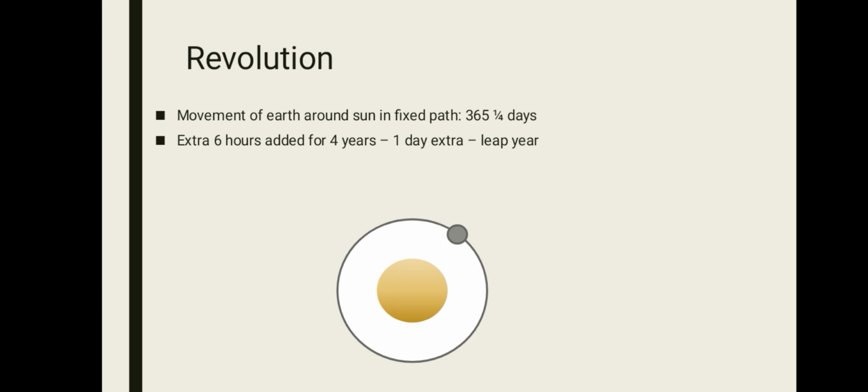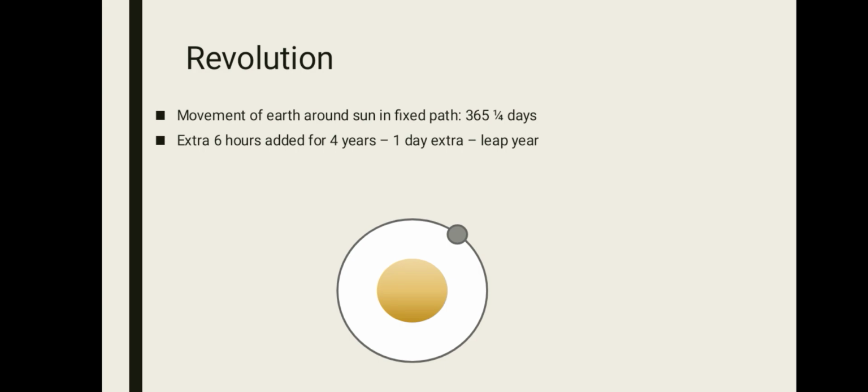1/4 means, as we all know that 24 hours is equal to 1 day, so 1/4 day means 6 hours. So for our convenience, in every year we calculate only 365 days and we reserve that 1/4 day.